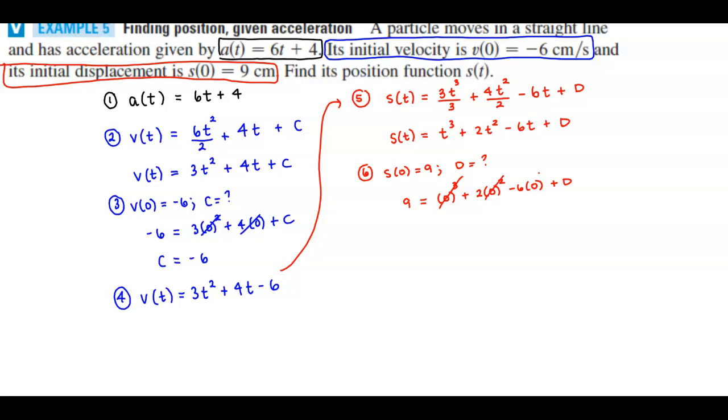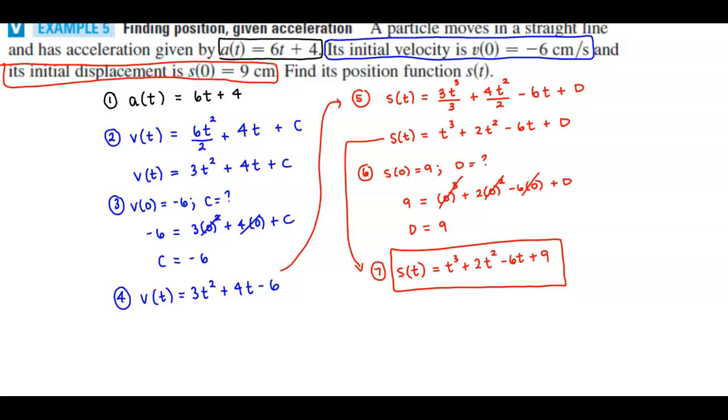Those all become 0, so d equals 9. Therefore, the position function is s of t equals t cubed plus 2t squared minus 6t plus 9.